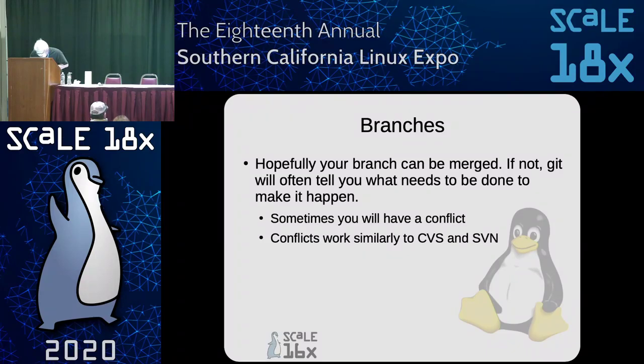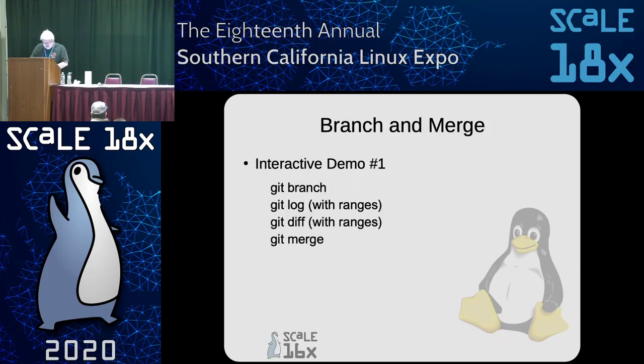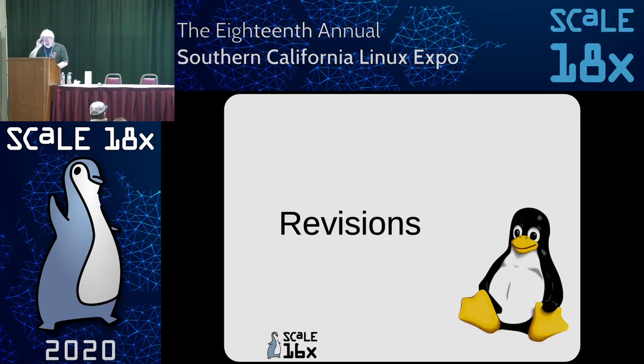Hopefully your branch can be merged. If not, Git will often tell you in great detail what needs to be done to make it happen. Sometimes you'll have conflicts, and conflicts work similar to how they work in CVS and Subversion. And hopefully I'll have time to get to the branching demo.